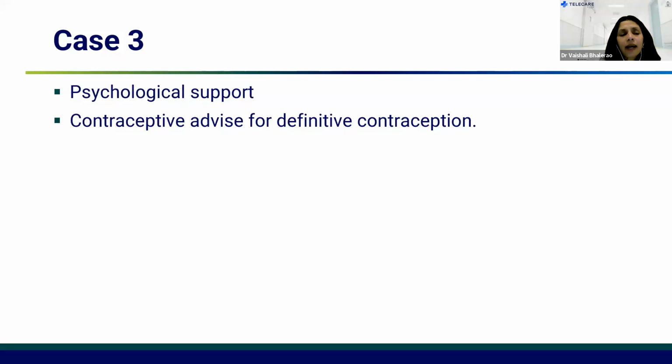With surgical termination, same day, when you are giving her treatment, you can give her anti-D. If she comes back later, then at latest you can give it up to 96 hours. 250 international units of anti-D can be given.